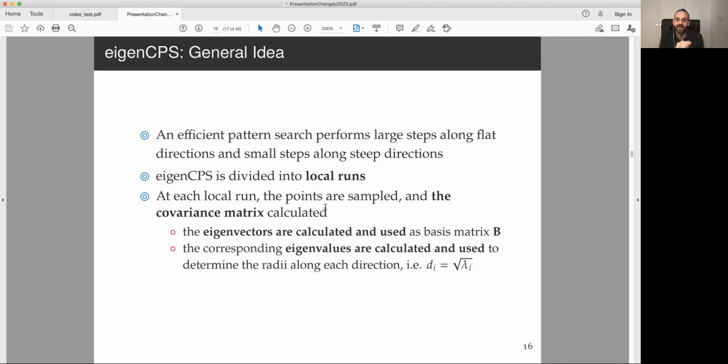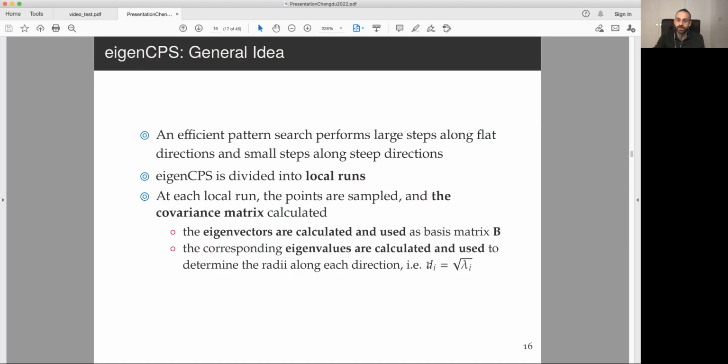And the eigenvectors are calculated and used as a basis matrix B. And then something else is performed. The corresponding eigenvalues are also calculated and used to determine the radii along each direction. So that means that now I'm not looking only into the matrix B, but I'm also looking into the step size. So I am connecting the step size to the fitness landscape analysis.